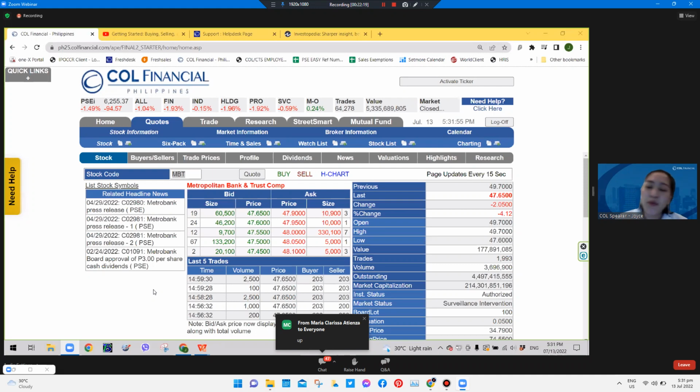So now the government sees that the price of rice is going up, so they want to do something about it, and they said that we will now import rice from our neighboring countries, and it's going to come in from Vietnam and from Thailand. Now, what do you think will happen to that price per kilo? Do you think it will go up or do you think it will go down? Okay.